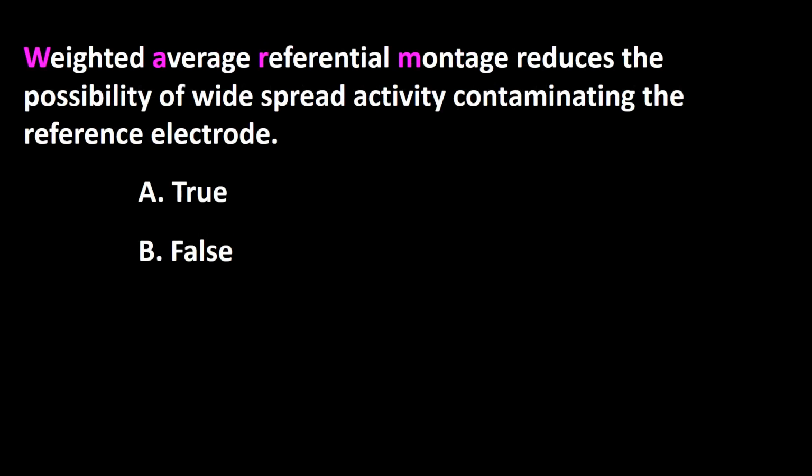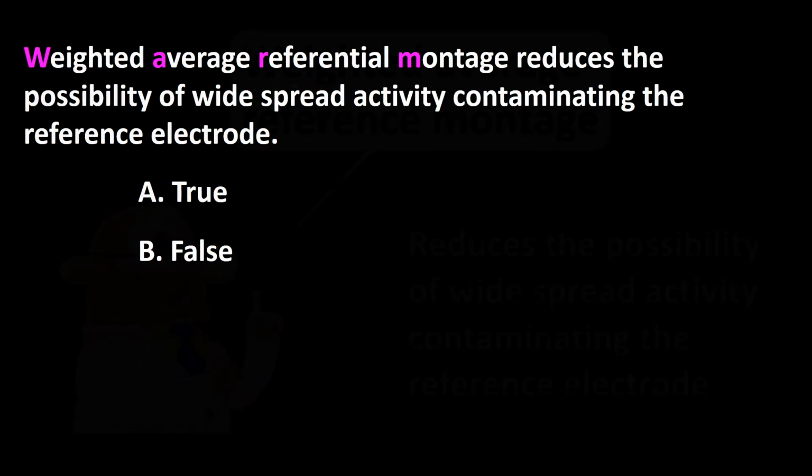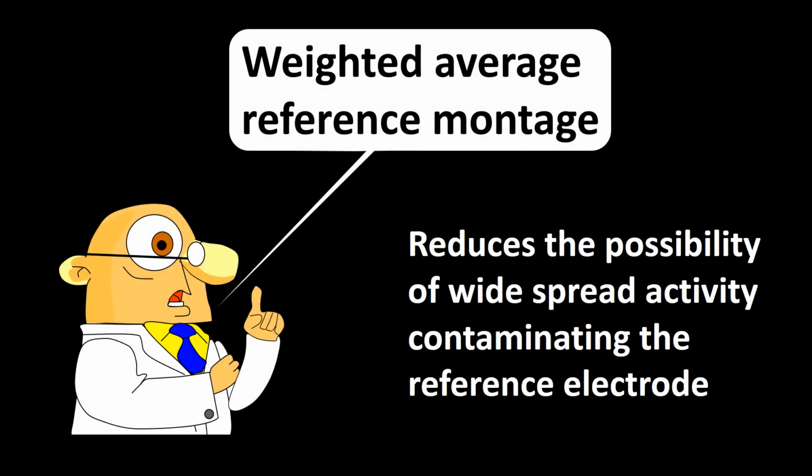Next question. Weighted average reference montage reduces the possibility of widespread activity contaminating the reference electrodes. A, true, B, false. Weighted average reference montage reduces the possibility of widespread activity contaminating the reference.